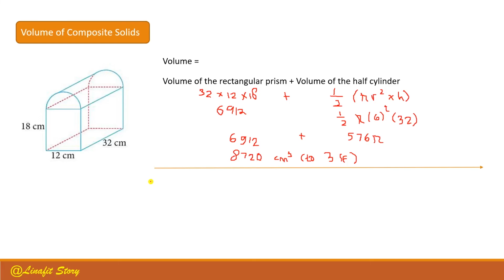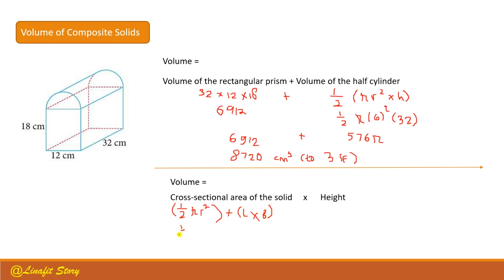Another method to find the volume is cross-sectional area of the solid times the height. The cross-sectional area of the solid consists of a semicircle and a rectangle. To get the area of the semicircle is 1/2 times pi times radius squared, plus the area of the rectangle is length times breadth.